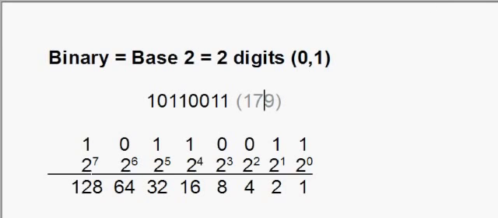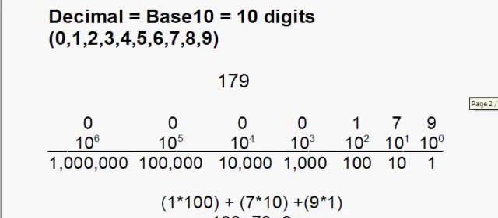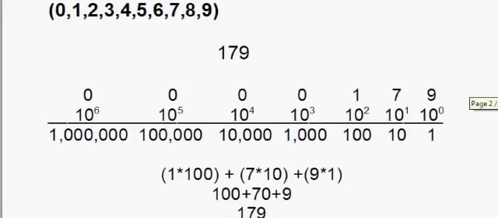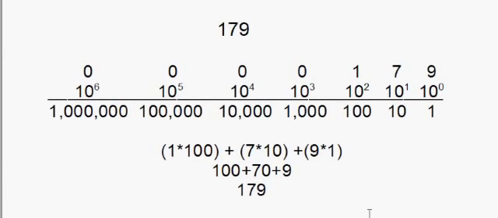So I'll go down to decimal and talk about the decimal number 179. There's the number 179, right? You have the ones place, the tens place, the hundreds place, the thousands, 10,000, 100,000, and a million.